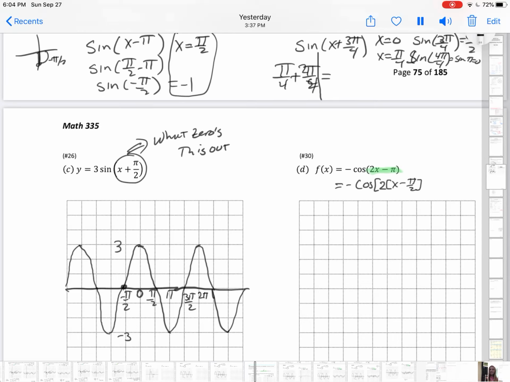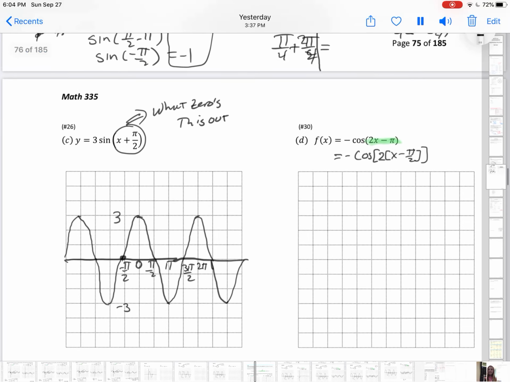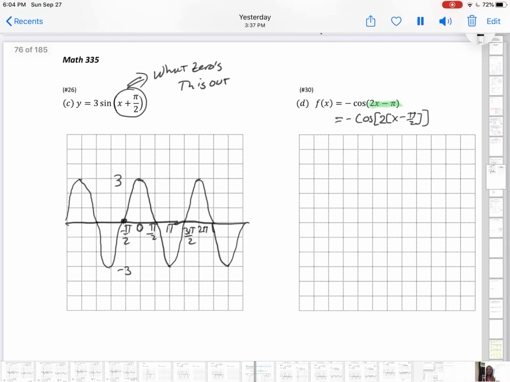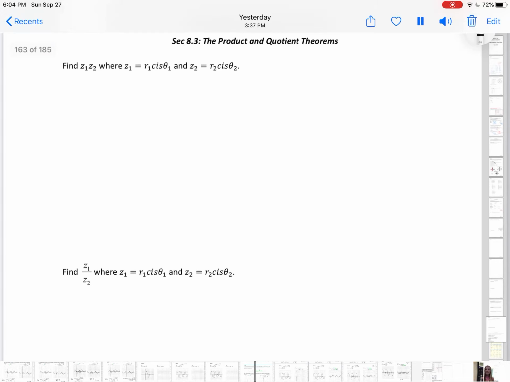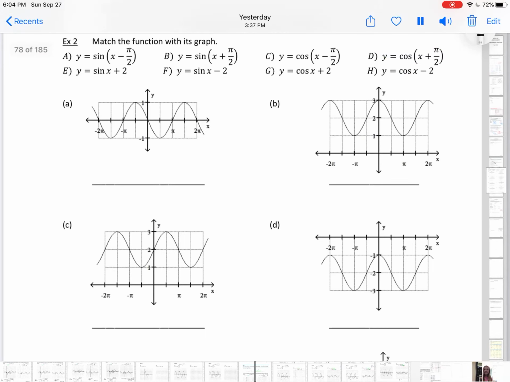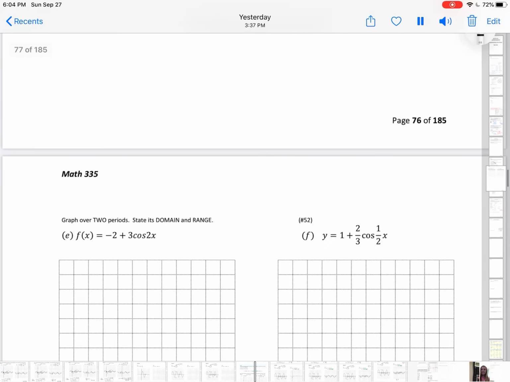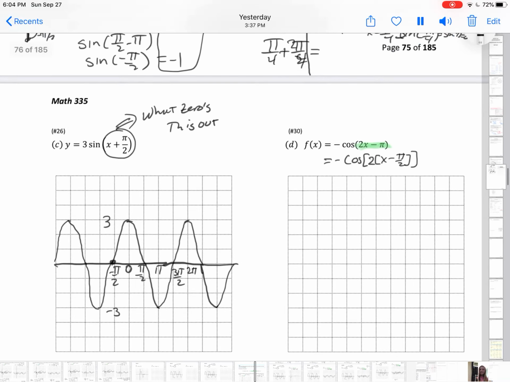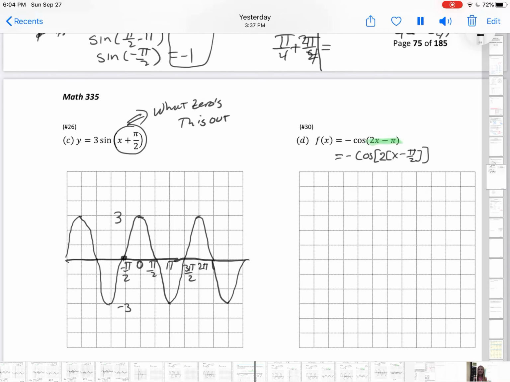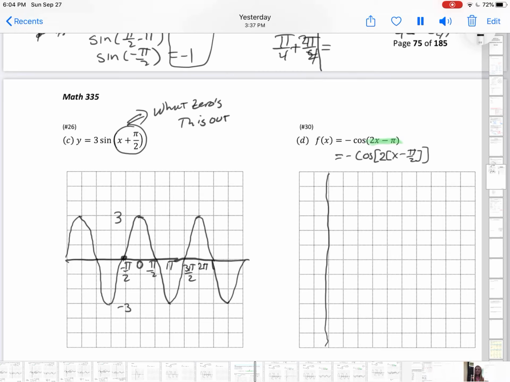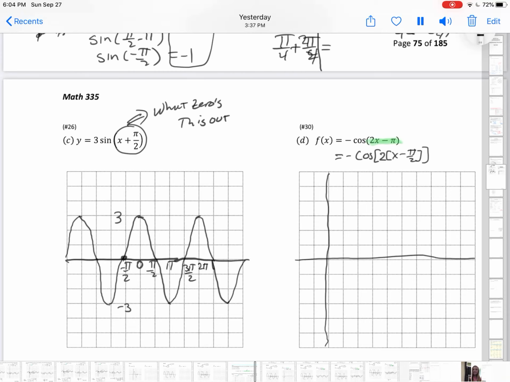So let's talk for just a minute. What I would do is put my 0 line in, and I would just draw the standard negative cosine graph. So it's going to start out at -1. The amplitude is -1.